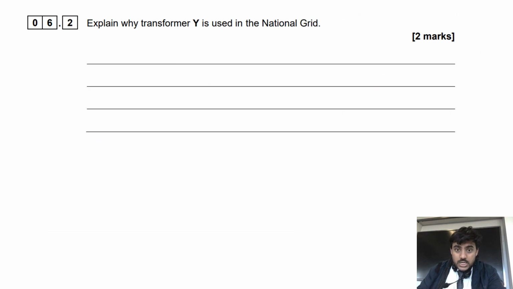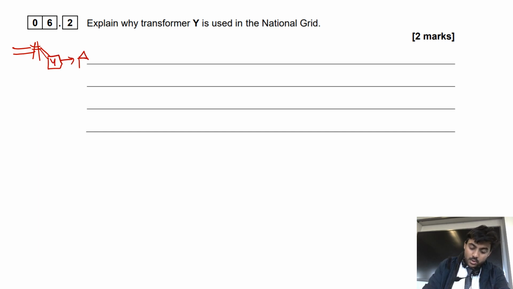Explain why transformer Y is used in the national grid. If we go back, we'll be able to see transformer Y takes the electricity from the cables into people's homes. 400,000 volts is a lot of voltage, and it's unsafe to use in a home by consumers.